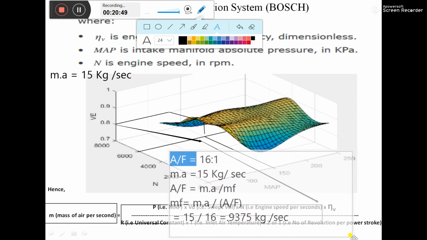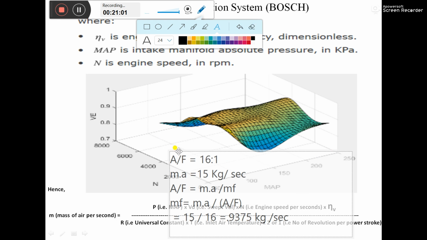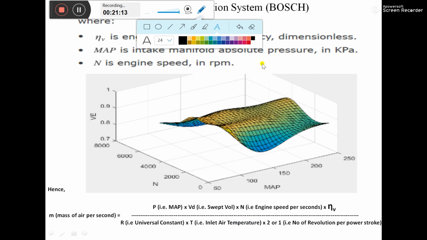we should go through our engine map. So this is your engine map. Through this engine map, to get volumetric efficiency, we know the data like engine speed and the MAP value.